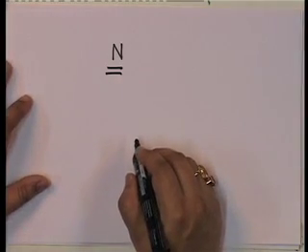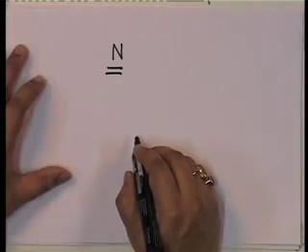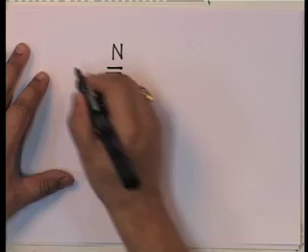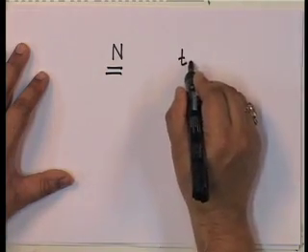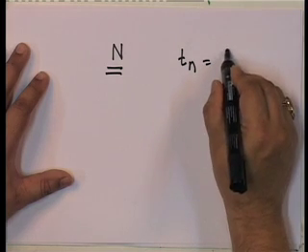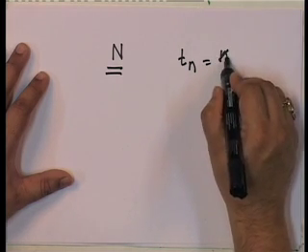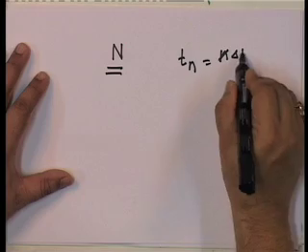is known. Okay. And also understand that what this means is that Tn is equal to n times delta t.